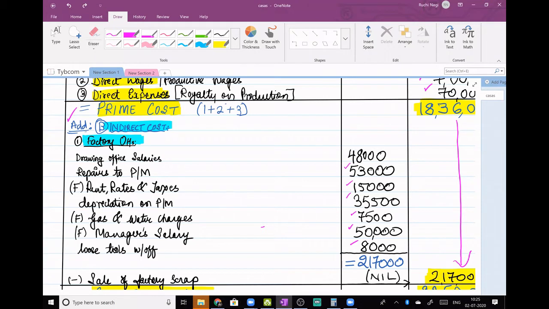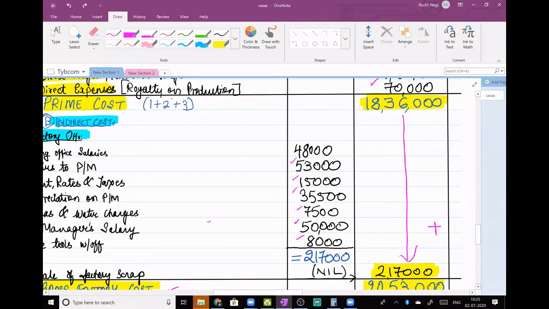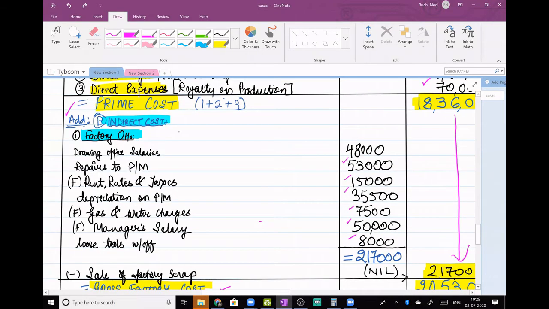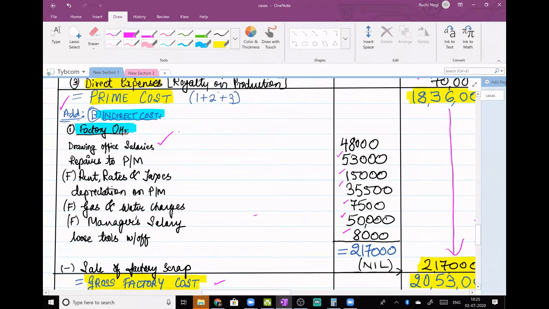Factory overheads, 7 items are there, write them in the inner column. Drawing office salary 48,000, repairs to plant and machinery 53,000, factory rent, rates and taxes 15,000.